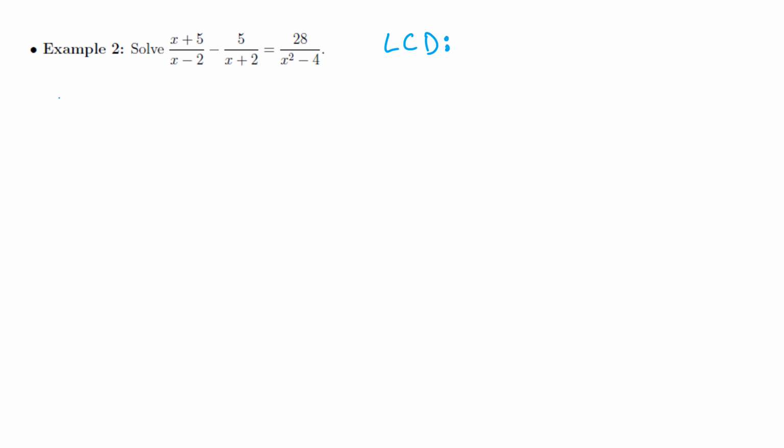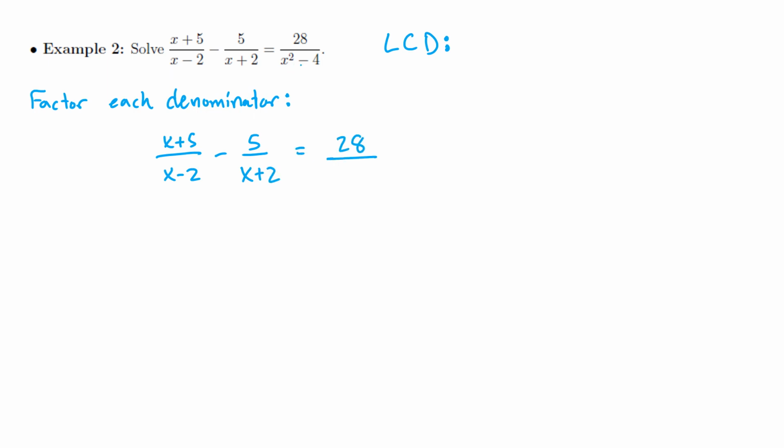So if we factor each denominator, and 2 of them here, the ones on the left, don't require any factoring. But over here, we do need to factor this.